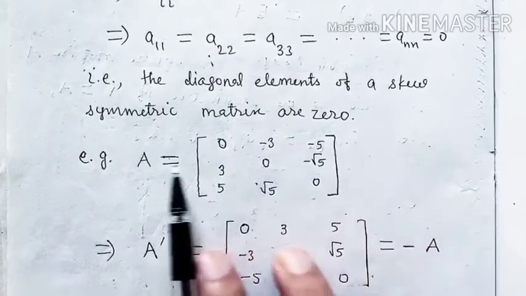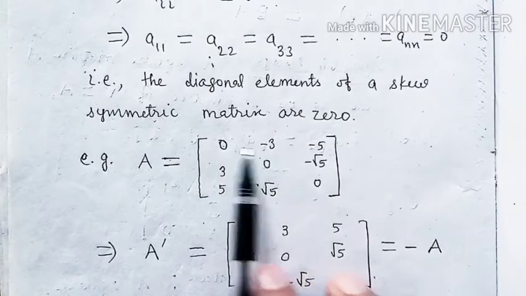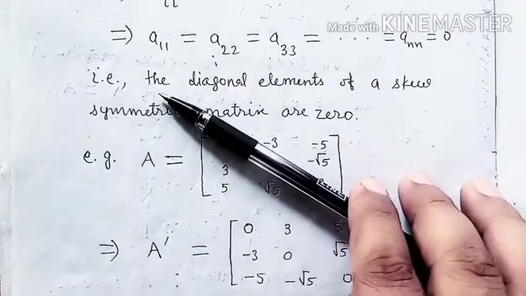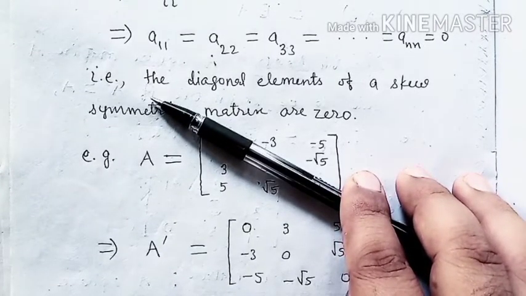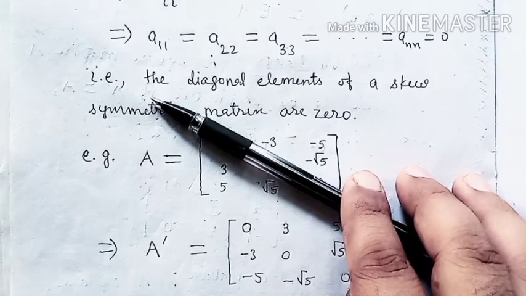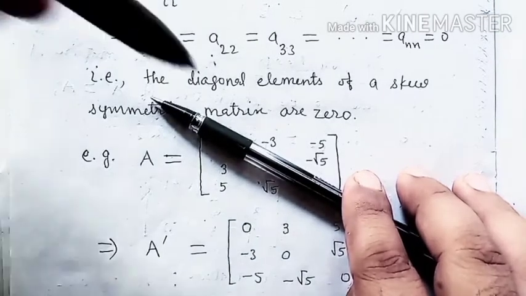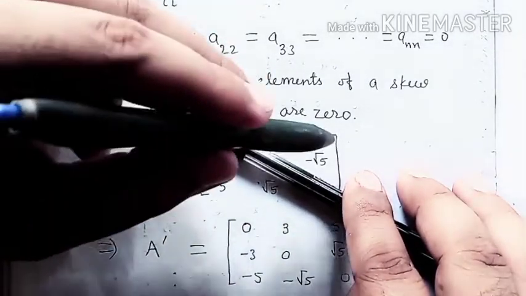For example, here you can see that diagonal elements are taken 0, and you can also see that the rest of the elements are mirror images with negative sign. You can see that here minus 3 is negative of 3, here minus 5 negative of 5, here minus root 5 negative of root 5.